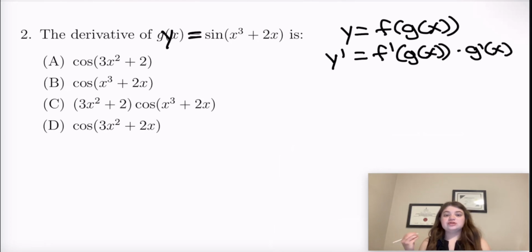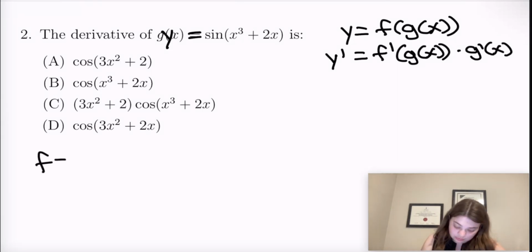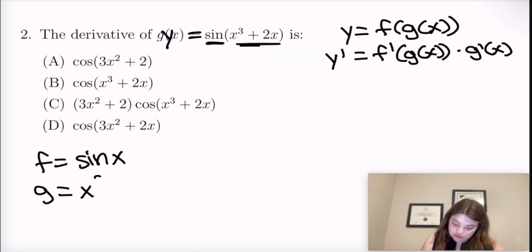So in this particular situation, notice that f is the outside function, sine of x, and g, the inner function, is x cubed plus 2x.